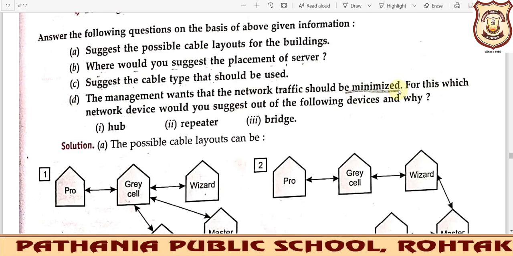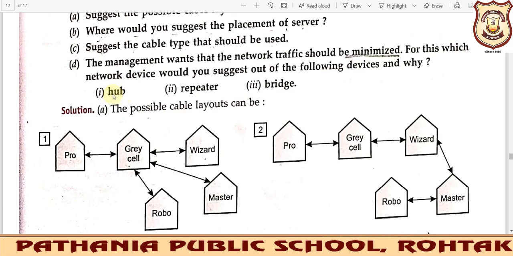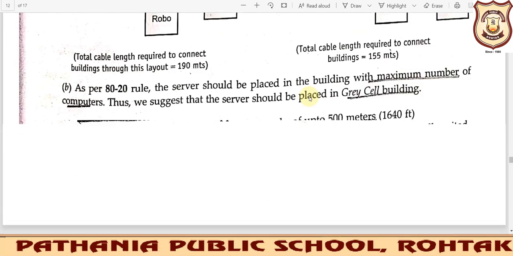We want to minimize the traffic. You know that if we are using a hub, it is unnecessarily transmitting the signals to all, like a dumb postman going to every house to ask whether it is your letter. So we will not use a hub at all. The question asks which network device would be used out of the following, and why.